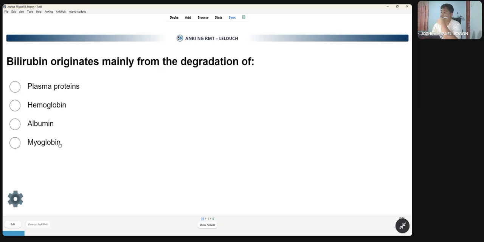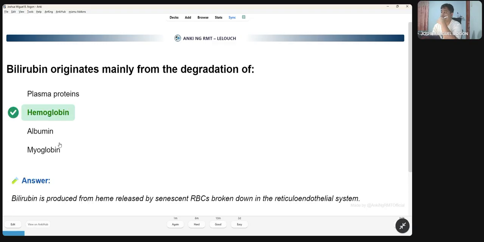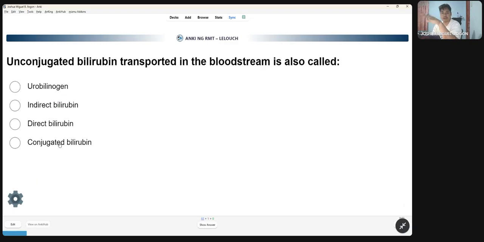Bilirubin, that's your degradation of hemoglobin, from heme to biliverdin to bilirubin. Unconjugated bilirubin transported in the bloodstream is, is it indirect? Conjugated?